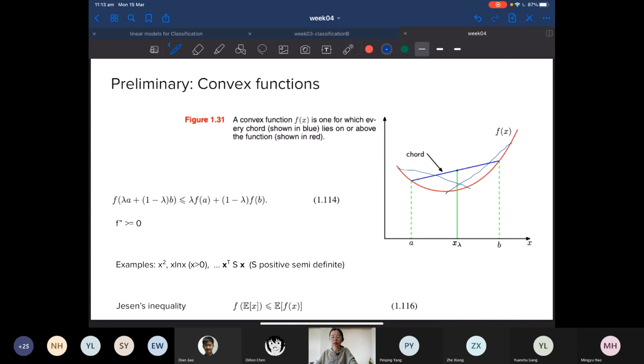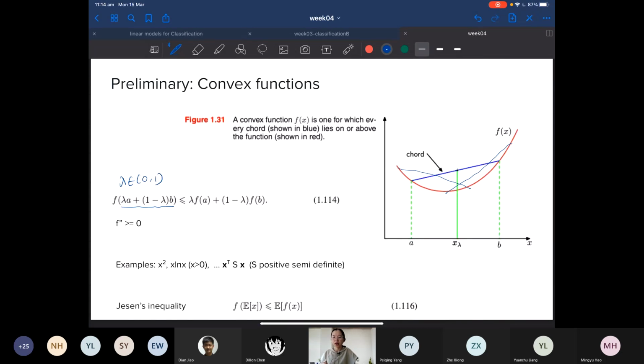Mathematically speaking, what does it mean by essentially sitting above the line, right? If we take any point between the point A and B, the value of the point can be expressed by a linear combination of the two ends, with lambda being between 0 and 1, right?